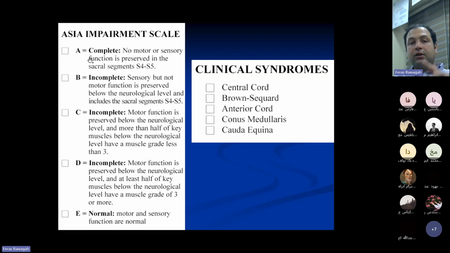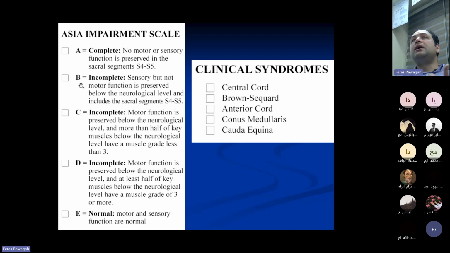Reflexes are not included in this classification. You just account the voluntary movement, okay? So A means complete, no voluntary movement, no sensation at all, even the anal sphincter. E means the patient is completely normal.